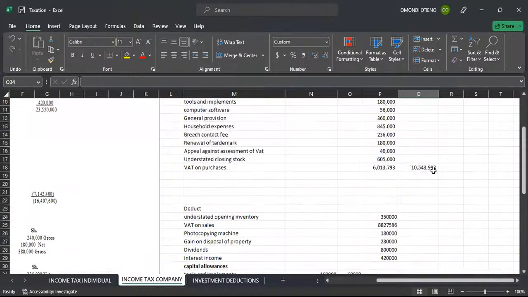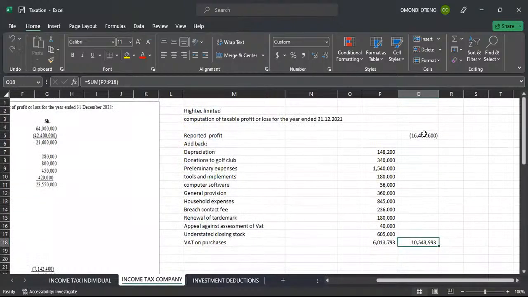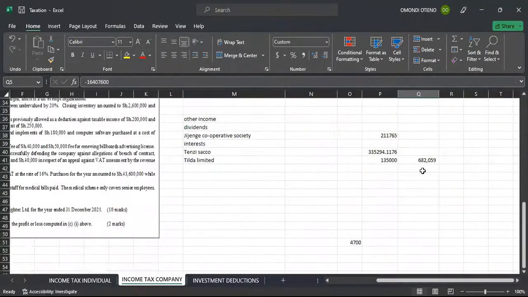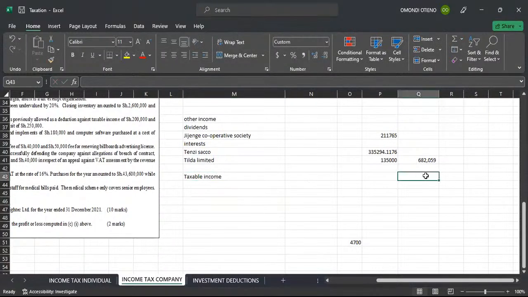Then you come up here. This one here was what you are adding back. Then you adjust with the reported profit. So what are we going to have as the net value? What you are going to have down here will be the taxable income. Somebody to get us the value of taxable income down here.